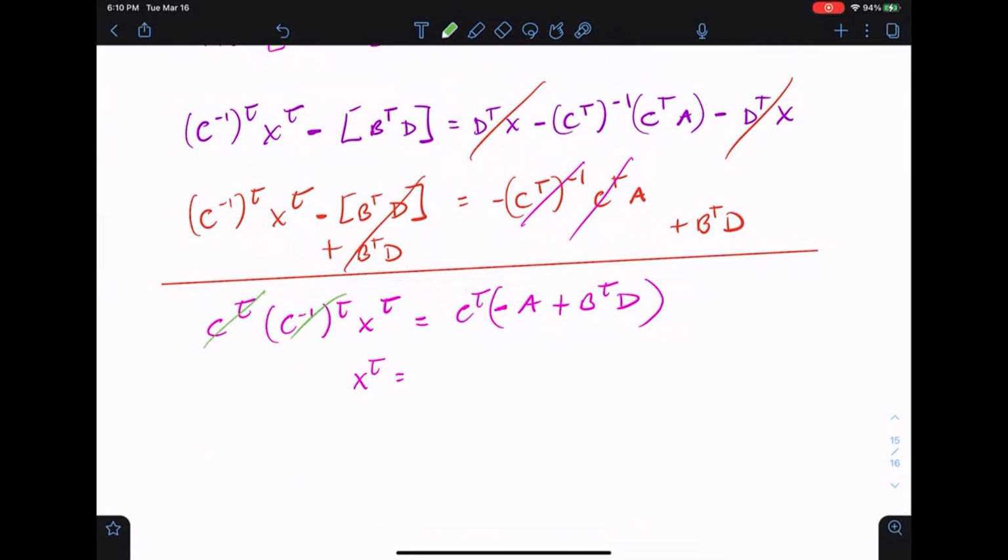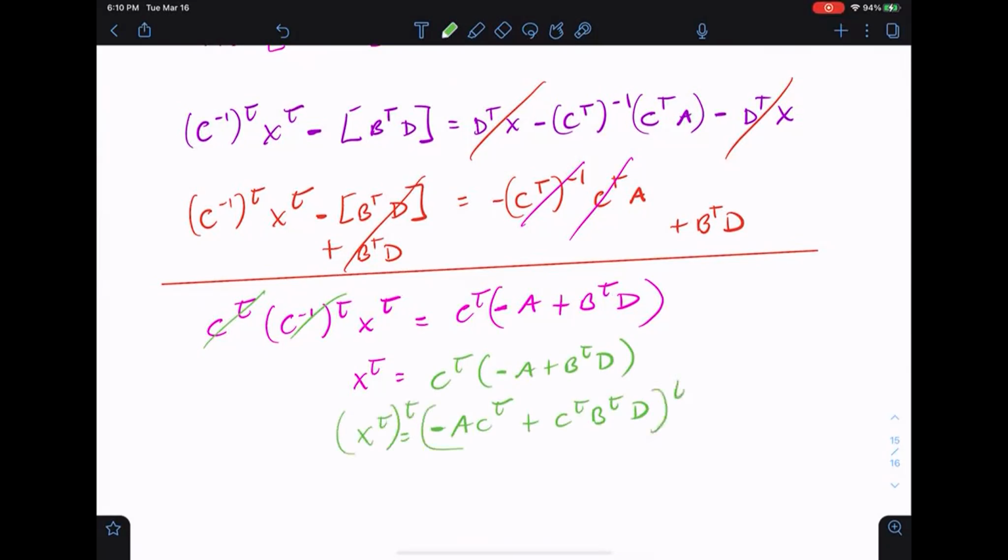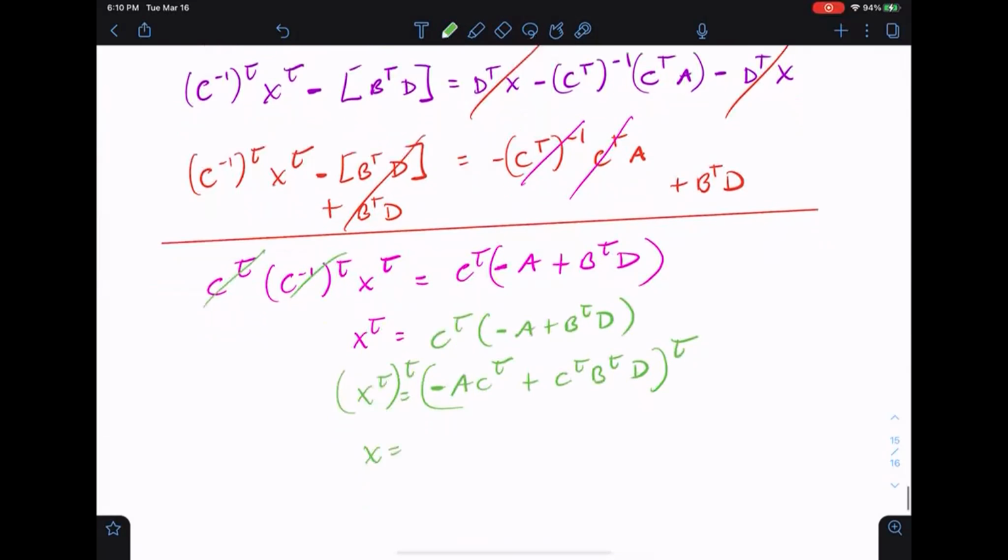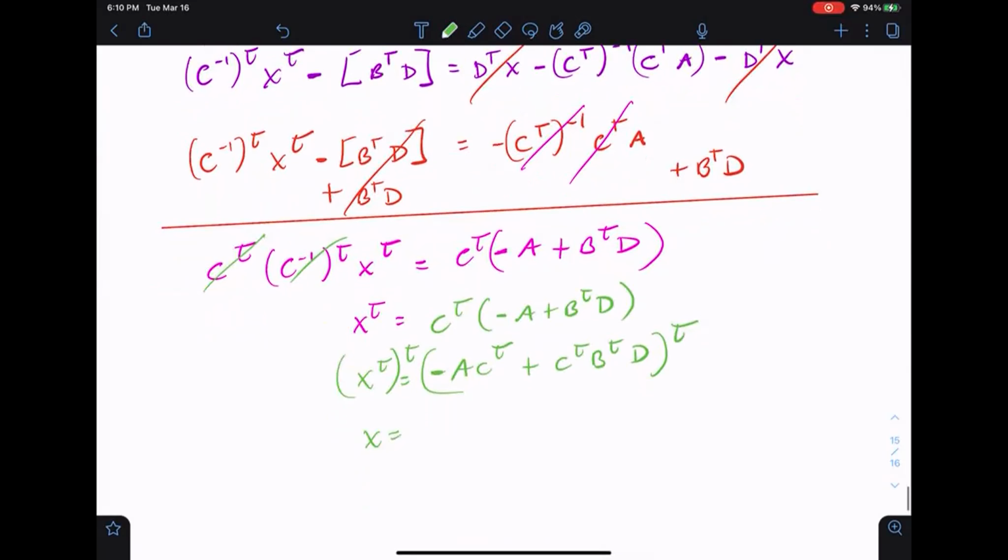And you get X transpose equals C transpose times negative A plus B transpose D. If you want, you can distribute it. It's not a requirement. So you can get C transpose B transpose D, and now you can transpose everything, right? The transpose of all this stuff. So this is X equals, let's do the computation.